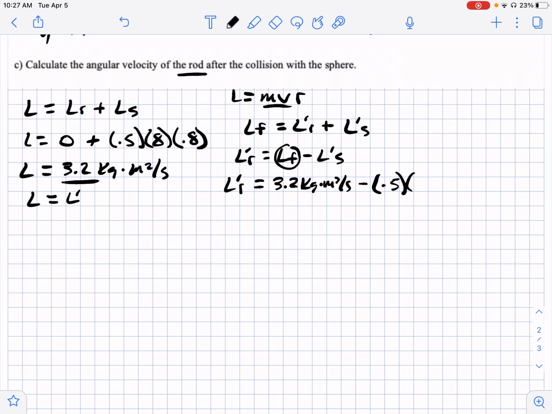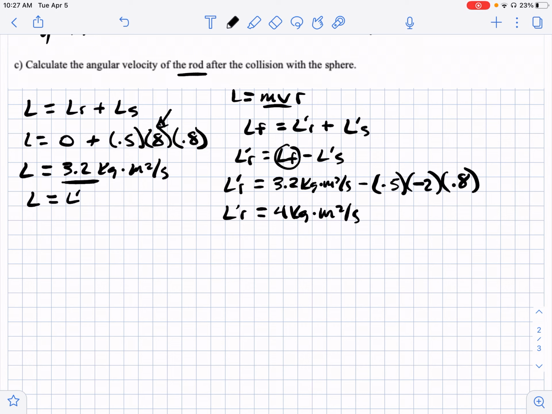That new velocity is now -2 because we called positive 8 for this first part. So now it's rebounding, so it's in the opposite direction. And then that moment arm is still 0.8. So the final angular momentum of our rod is now going to be 4 kilograms times meters squared per second.